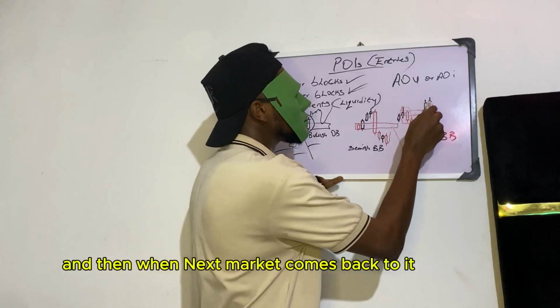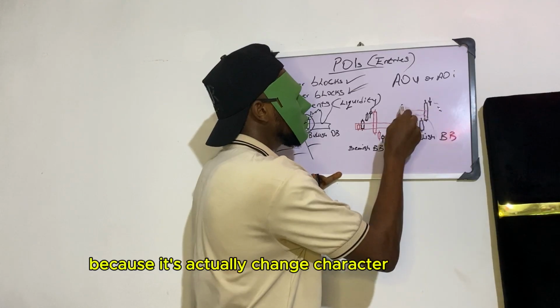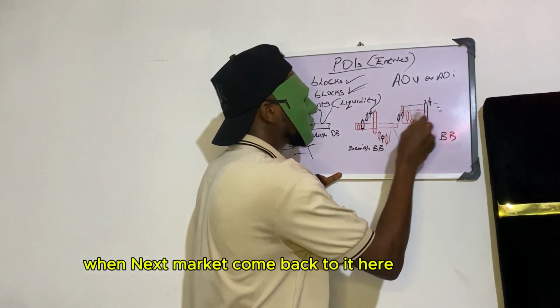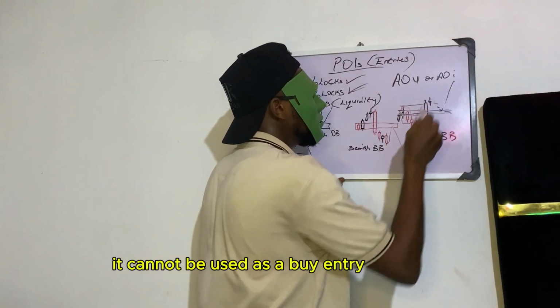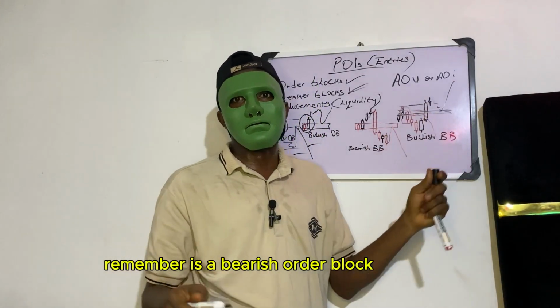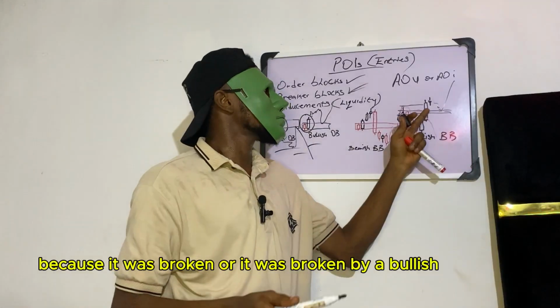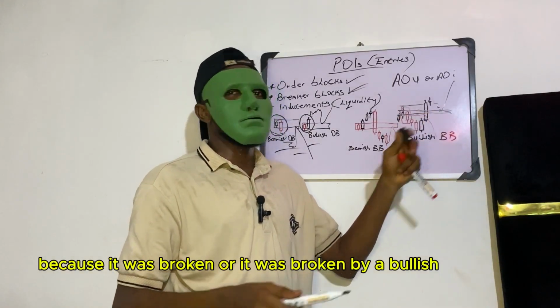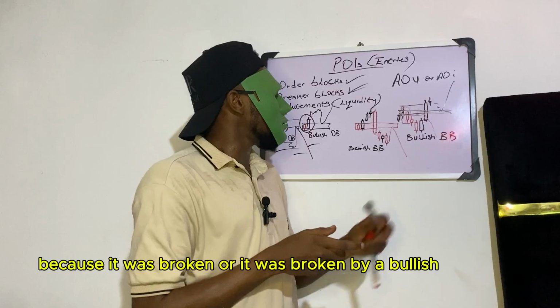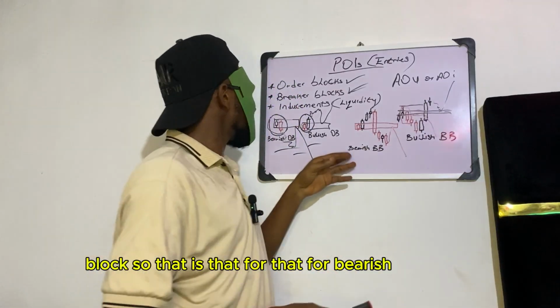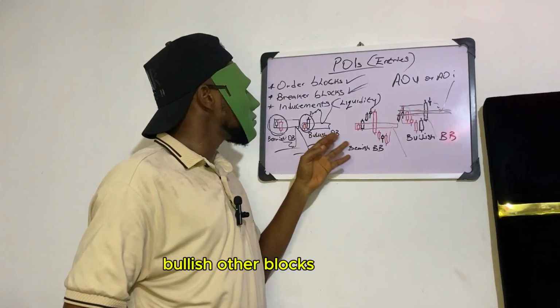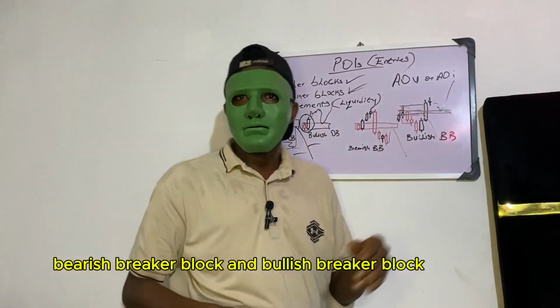And then the next time the market comes back to it, because it has actually changed character, it can now be used as a buy entry. Remember, it's a bearish order block, but it can be used as a buy entry because it was broken by a bullish block. So that is that for bearish and bullish order blocks, bearish breaker block, and bullish breaker block.